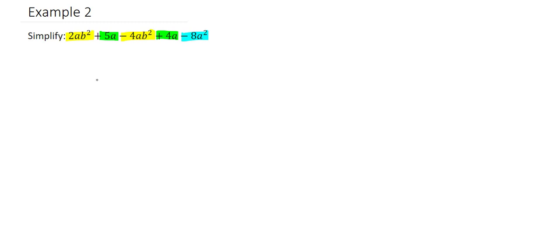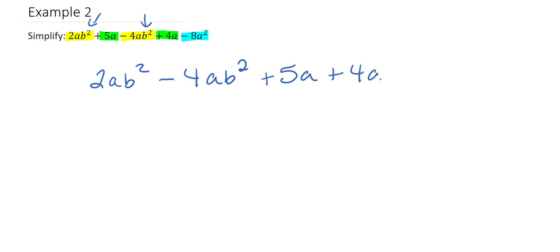So let's go ahead and rewrite it. We have 2ab squared minus 4ab squared, right? We're just taking these. Then we have plus 5a plus 4a, right? We're just taking these and adding whatever is in front of it. And then we have minus 8a squared.